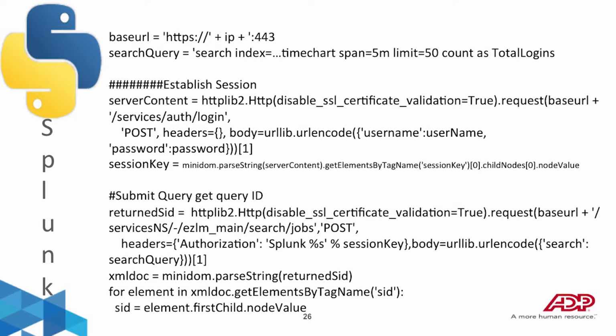You establish a session. We have multiple URLs into it, so I've cleaned this down substantially, but you establish a session, you actually run your Splunk query. So if you know how to write Splunk queries, that's basically all you need to do over here. So write your Splunk query, submit the query, you get back an ID from Splunk.